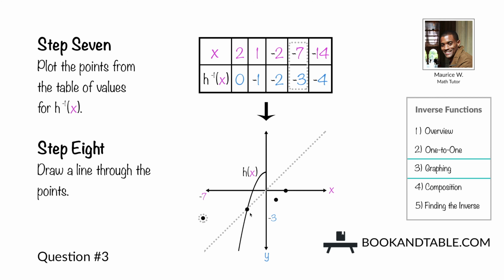And our fourth point is -7, -3. -14, -4 would take us off of the screen, but having just these 4 points is fine. So if we draw a line through these points, we have the graph of our inverse function. And we see that our function and the inverse function reflect across y is equal to x.